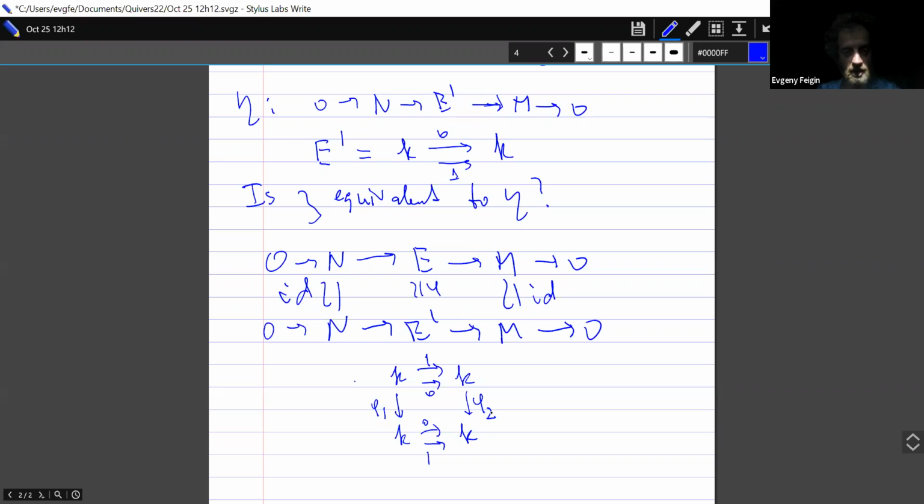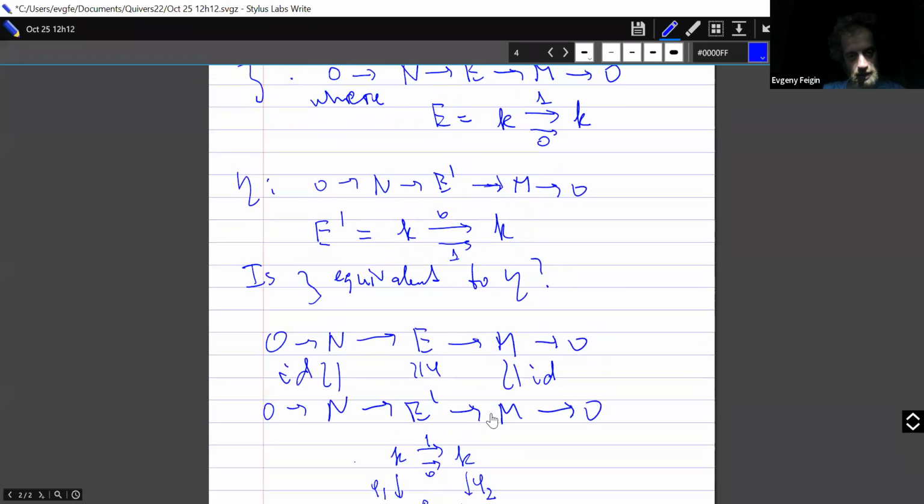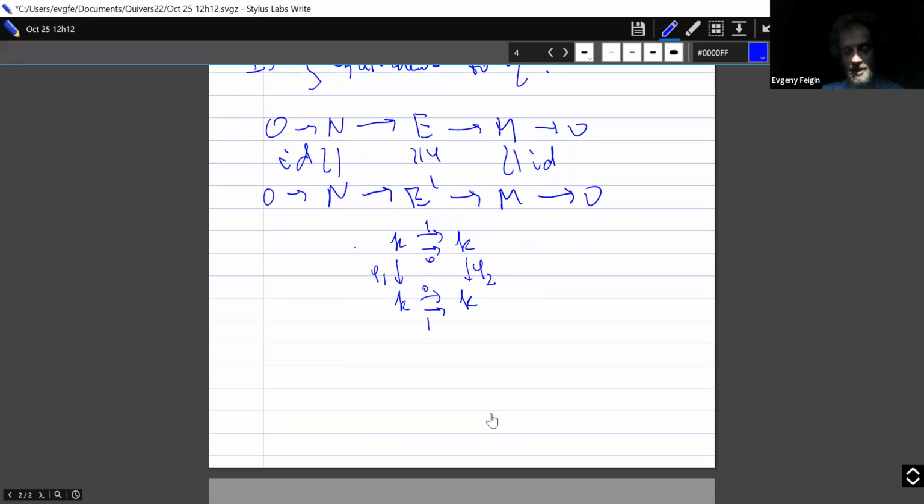Okay. So they are not equivalent, and we'll get back to this example soon, but let's keep this in mind. Okay, so there is one important thing about this definition.